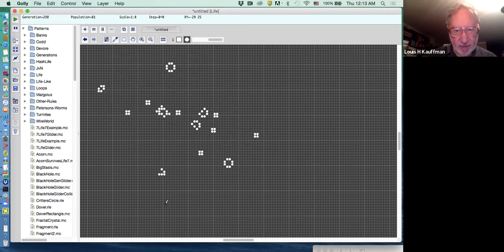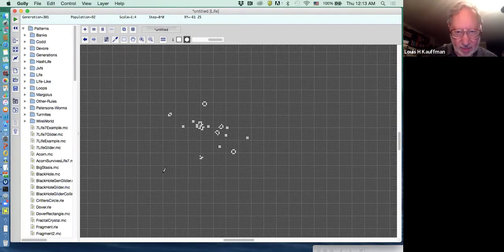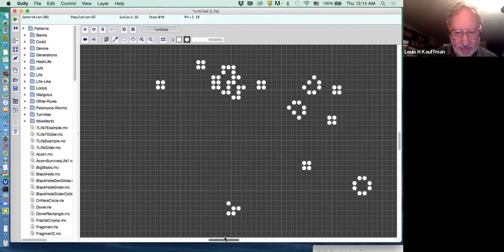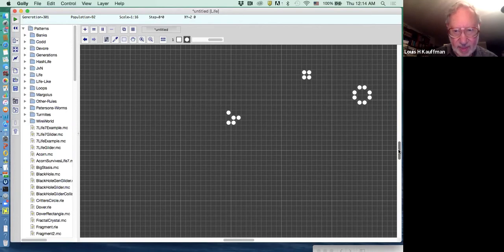And here you have the phenomenon called a glider. This configuration of 5 points, let's magnify it and take a look. This configuration of 5 points gives rise to another configuration, which gives rise to another configuration, which gives rise to another.